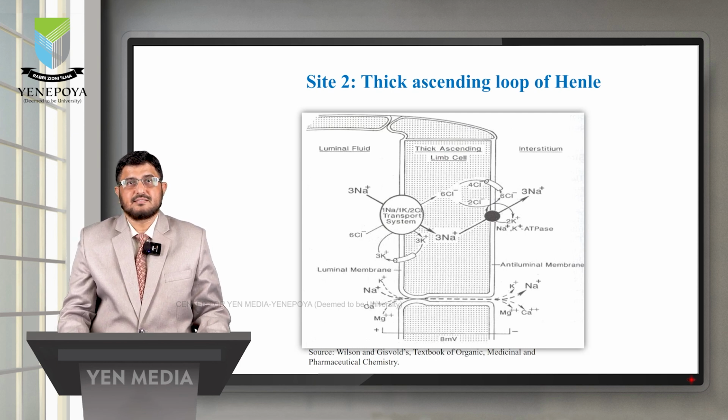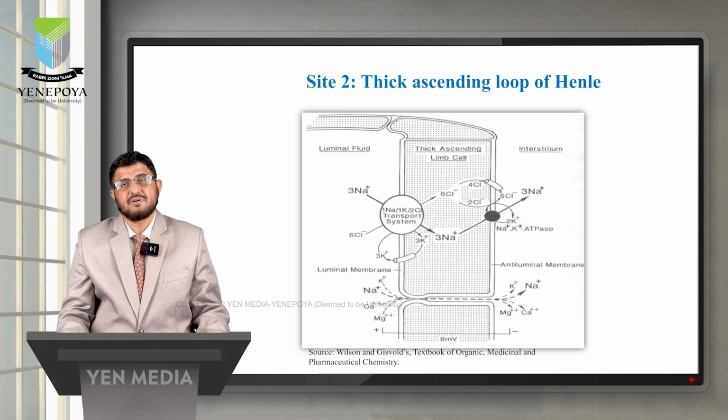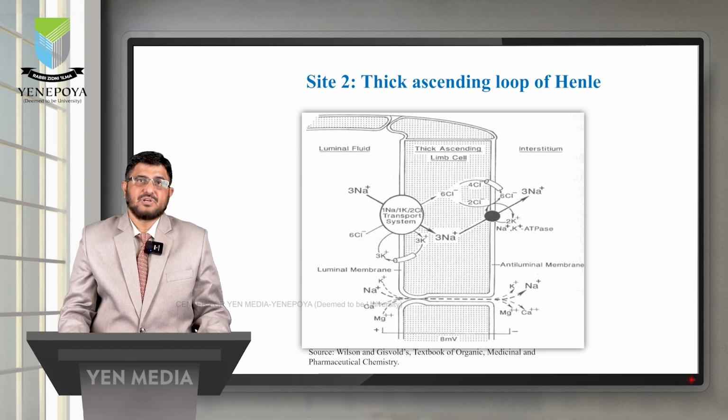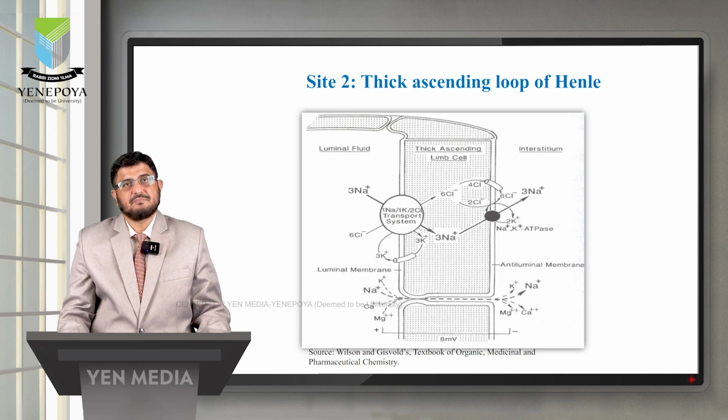So, this system takes in sodium, potassium and two chlorides, and sodium is pumped out with the help of the sodium potassium ATPase back to the circulation. What happens in the ATPase pump? Sodium is exchanged with potassium: 3 sodium ions are given out and 2 potassium ions are taken in.